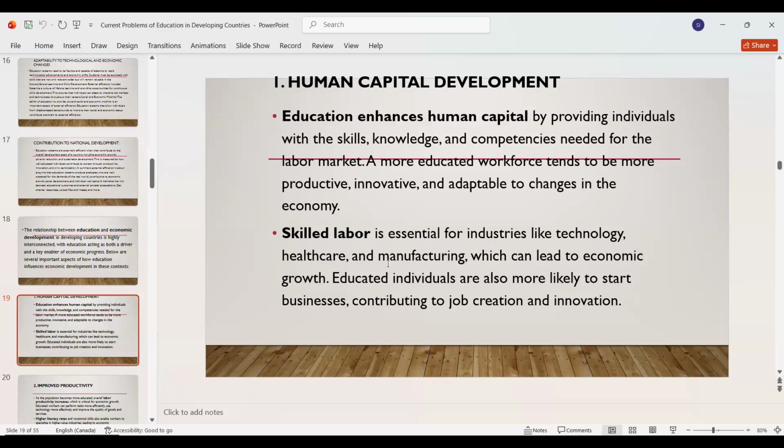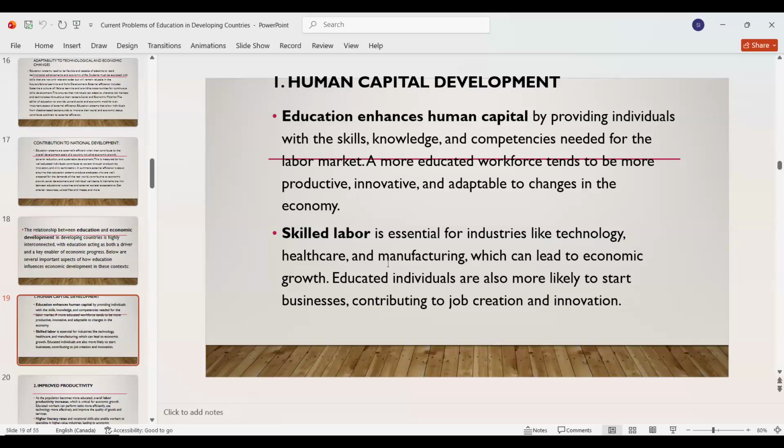As a productive student, a student has to satisfy the labor market needs, right? A more educated workforce tends to be more productive, innovative, and adaptable to changes in the economy. Skilled labor is essential for industries like technology, healthcare, and manufacturing, which can lead to economic growth.